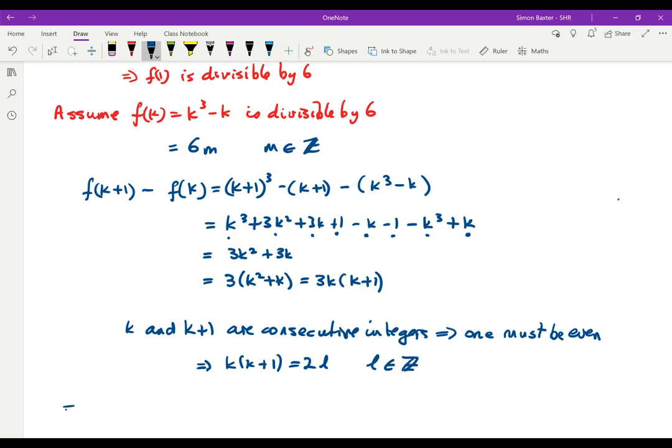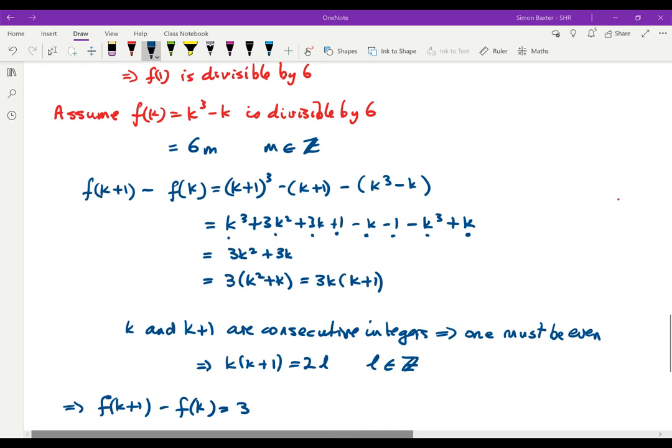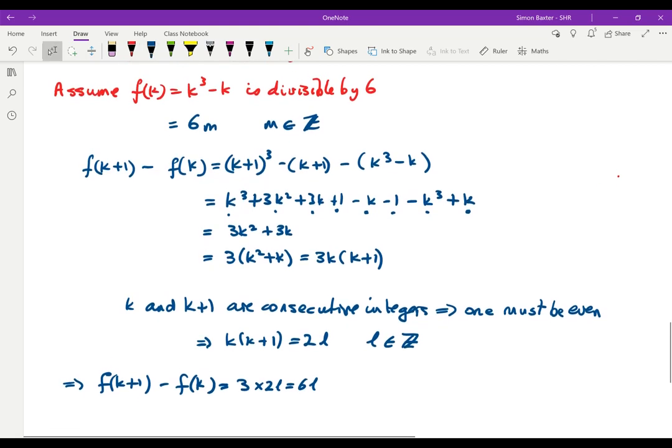Now we have that fk plus 1 minus fk is equal to 3 times k times k plus 1, that's 3 times 2l, which is 6l. There is my 6 that I would like to have. Now I can say that fk plus 1 is equal to 6l plus fk.